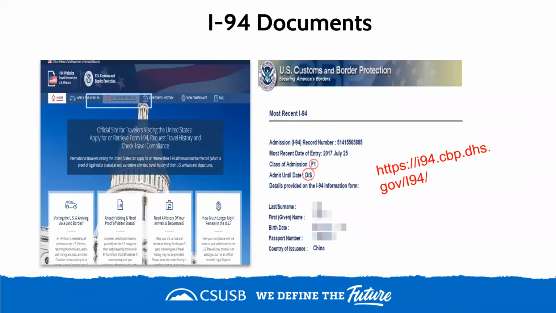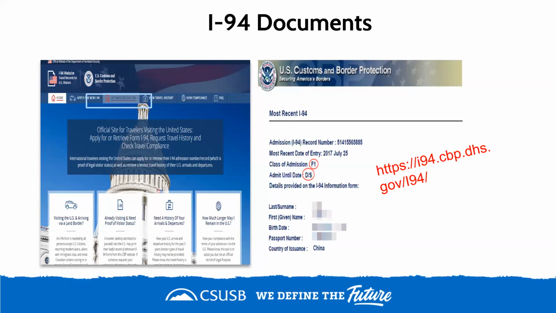The I-94 card or record is considered your arrival and departure record. It is generated when you enter the U.S. It indicates your admission class, such as F or J status. It also has the date that you are admitted until.